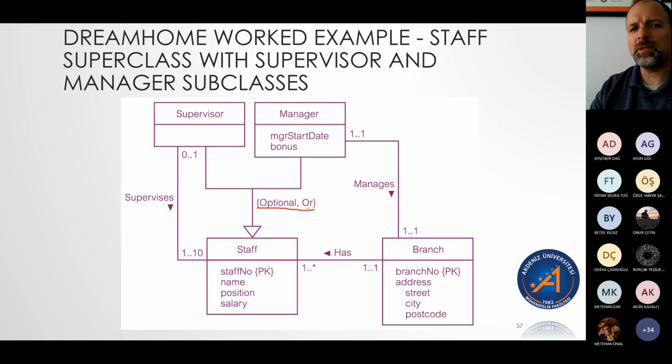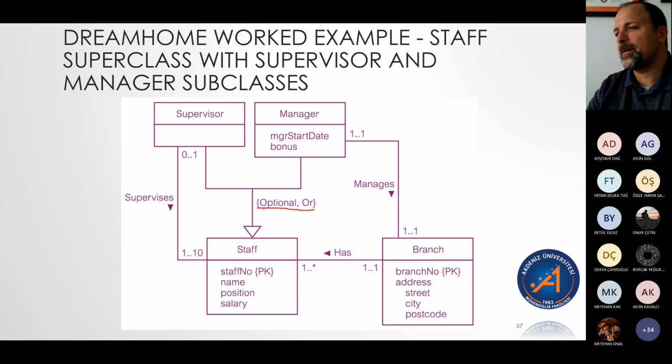What does the or mean? If they're a supervisor, can they be a manager? Can they be a supervisor and a manager? How does or work? Right, only one. So if you're a supervisor, you can't be a manager. If you're a manager, you can't be a supervisor. You can be just a staff. You don't have to be a supervisor or manager. Me, I'm not a supervisor. I'm not a manager. I'm okay with that.